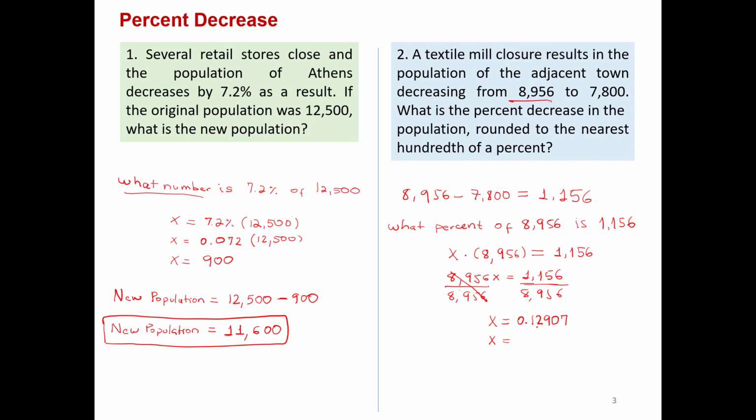To write this in percentage, we need to move the decimal point 2 places to the right, and it will be 12.907.